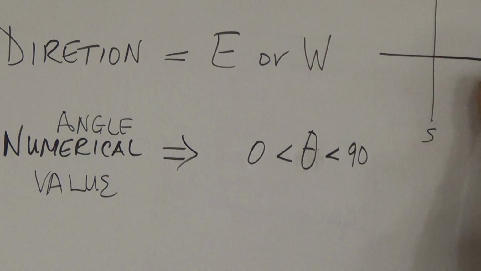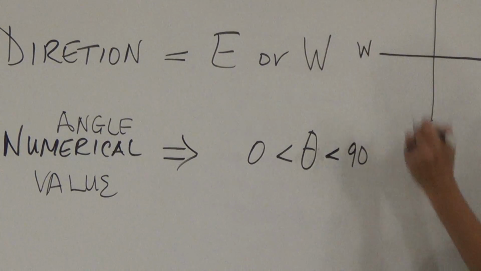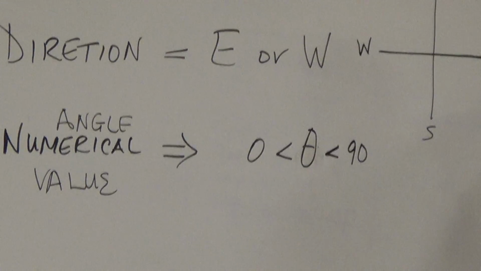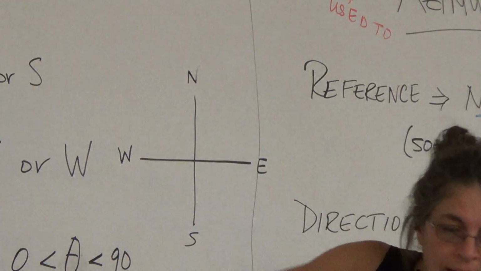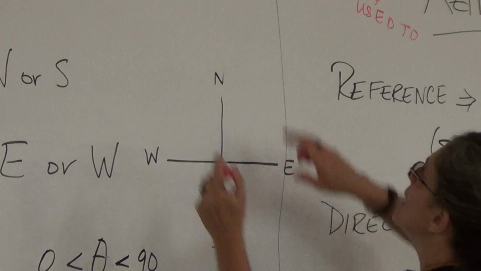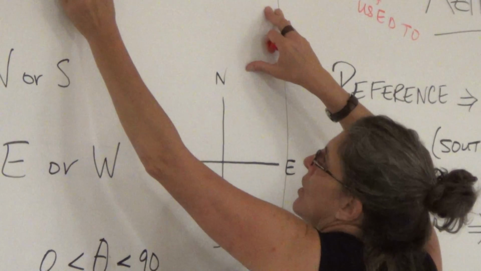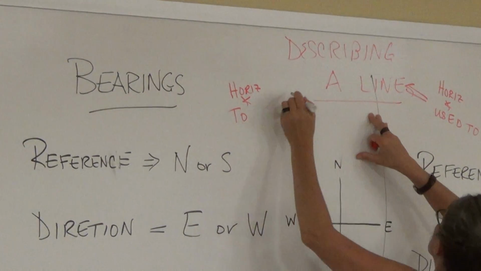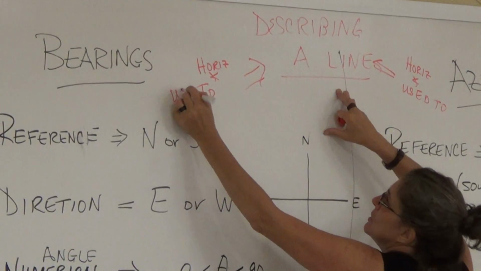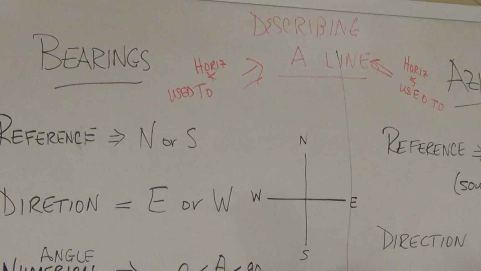North, south, east, west. Just like azimuths, they're horizontal angles that are used to describe a line. It's the same thing. A bearing is a type of horizontal angle used to describe a line.